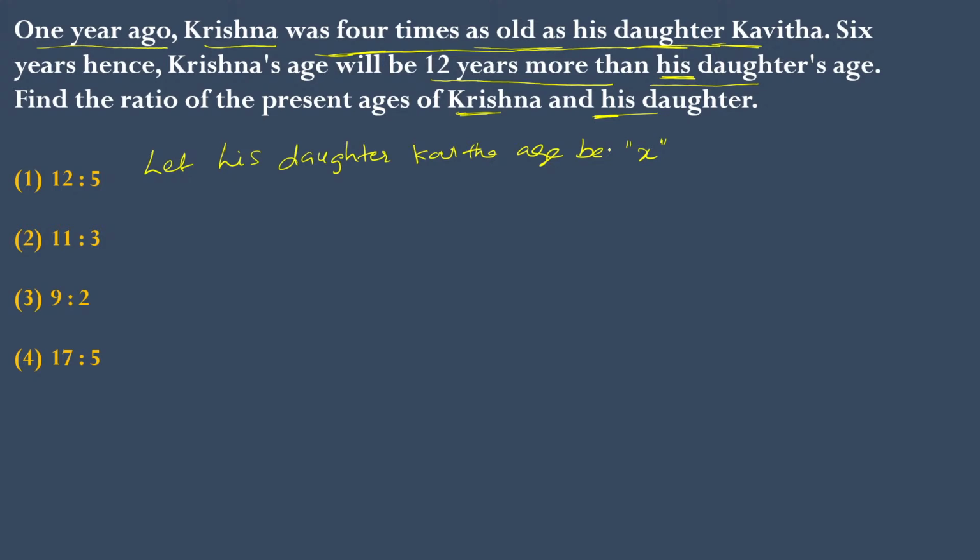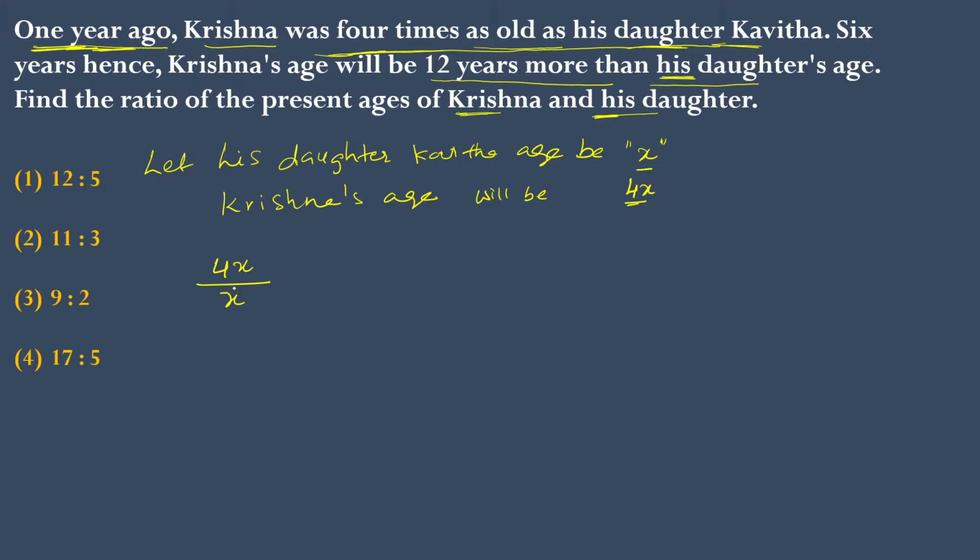According to the question, Krishna was 4 times as old as his daughter, so Krishna's age will be 4x. This was the age 1 year ago. So, 4x is Krishna's age and x is his daughter's age.